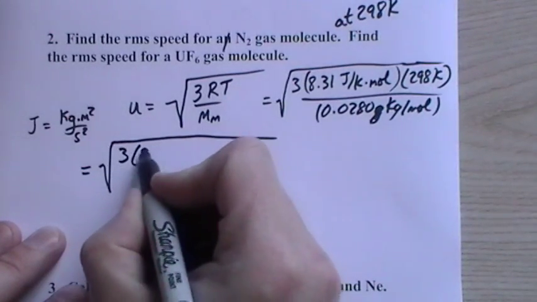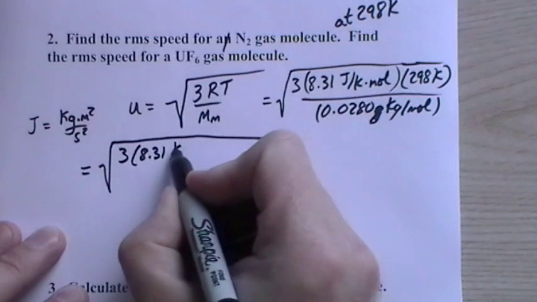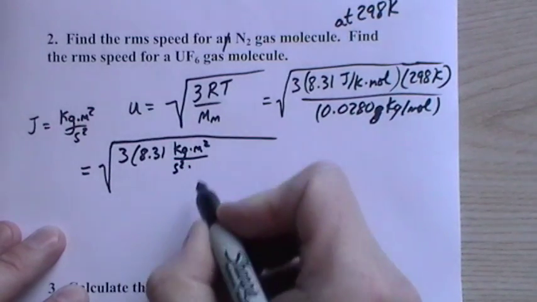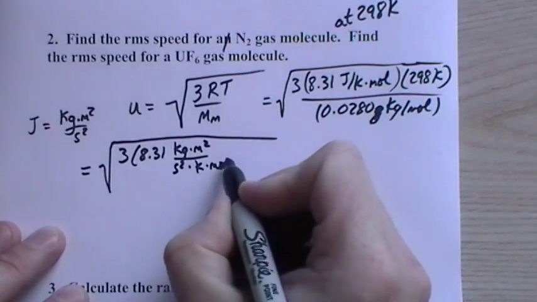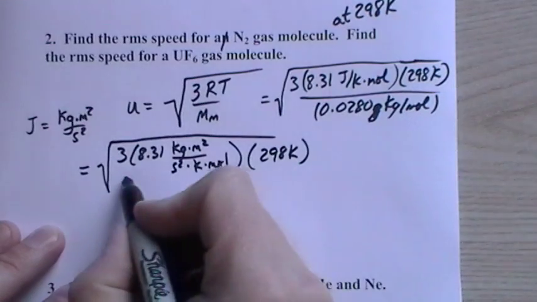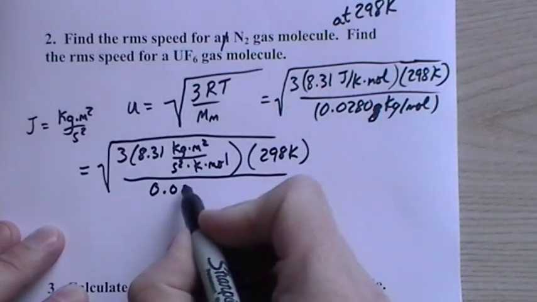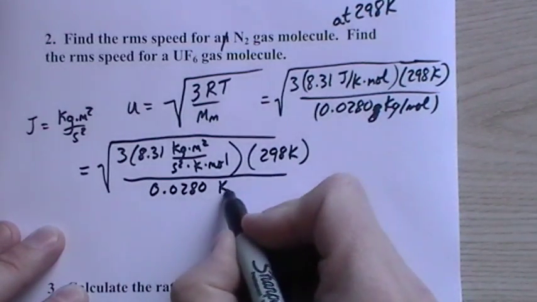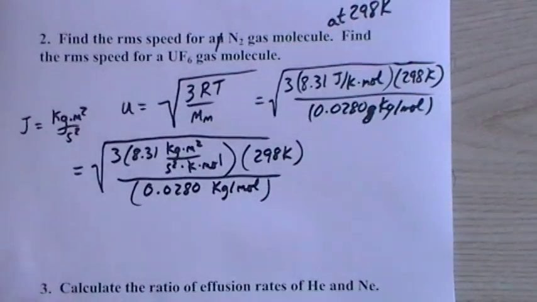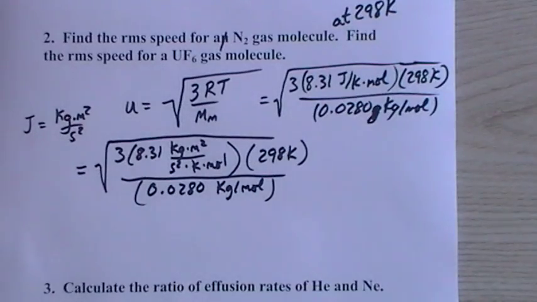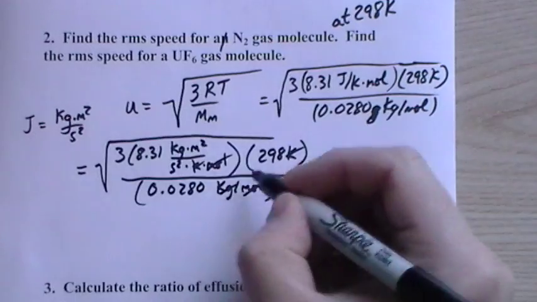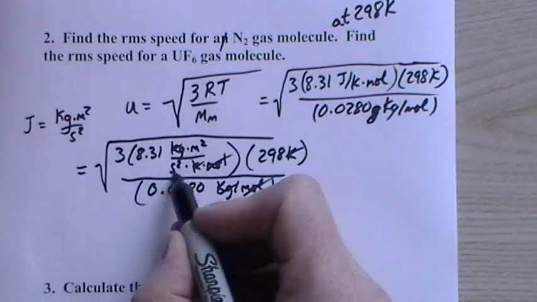So we have 3, times 8.31 kilograms meters squared per second squared per kelvin per mole, times 298 Kelvin, over 0.028 kilograms per mole. So a lot of units there. If we put the gas constant into this new set of units, K cancels, kilograms cancel, and we're left with meters squared per second squared.